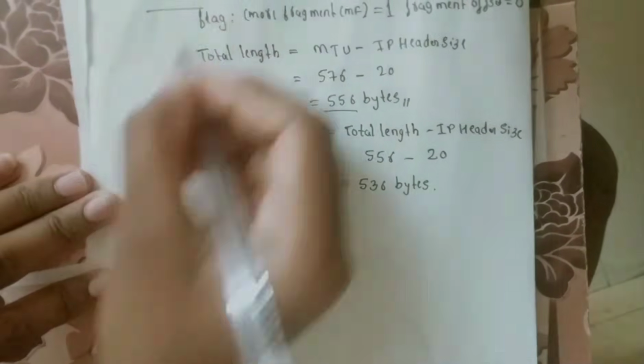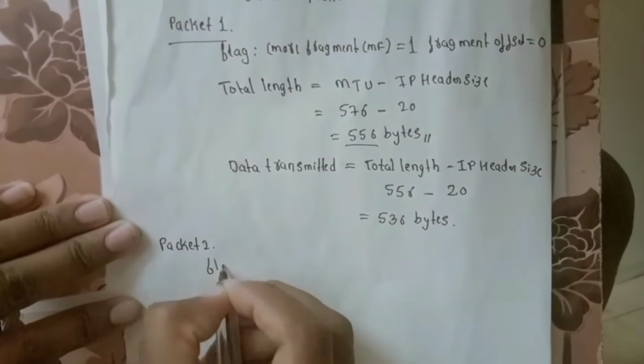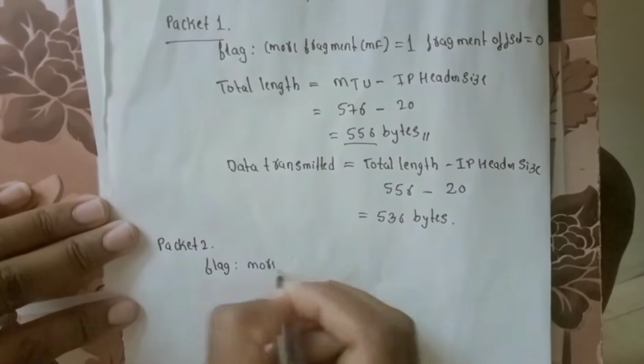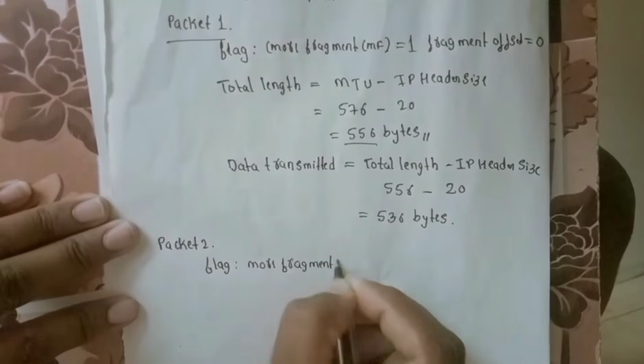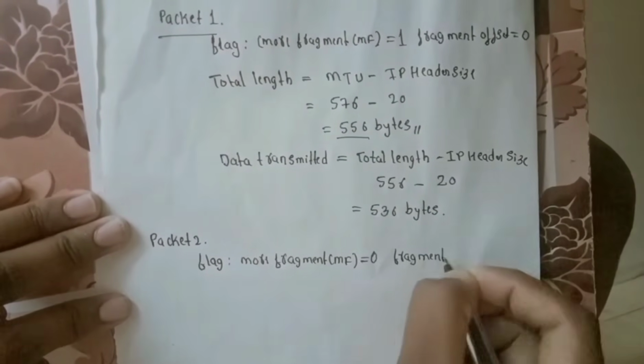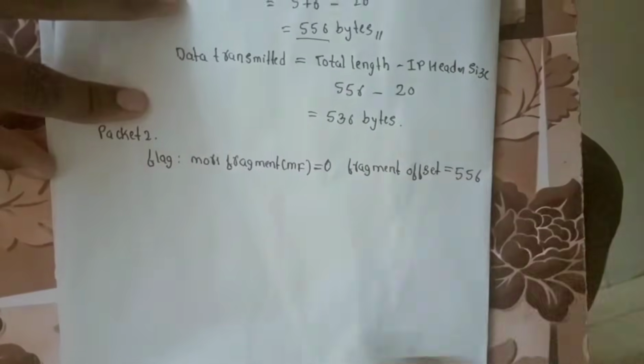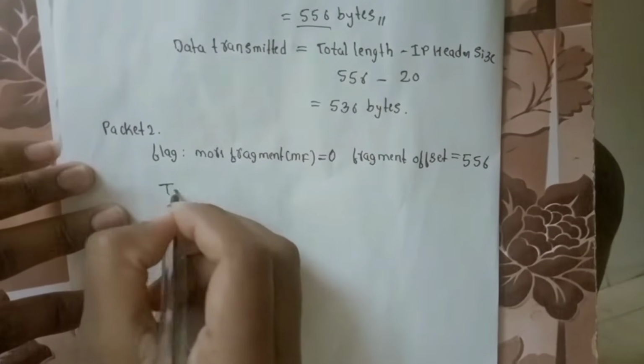Next, we find similarly for packet 2. For packet 2, the flag, or more fragment, MF, is equal to 1. Fragment offset is equal to 556, which we already found. Then we need to find the total length.